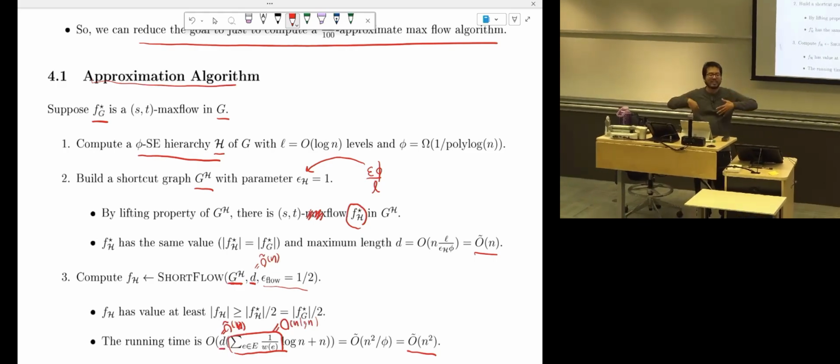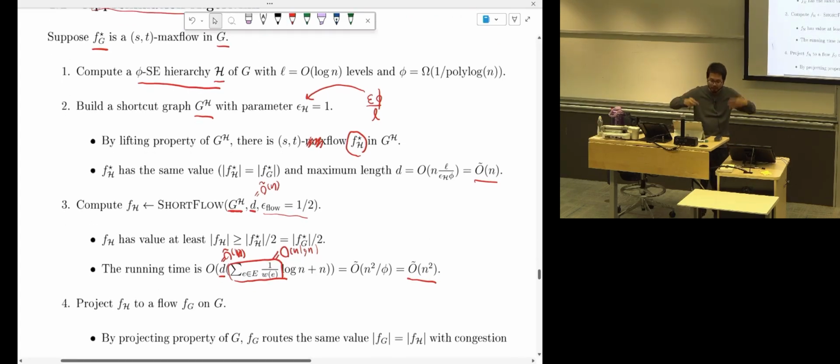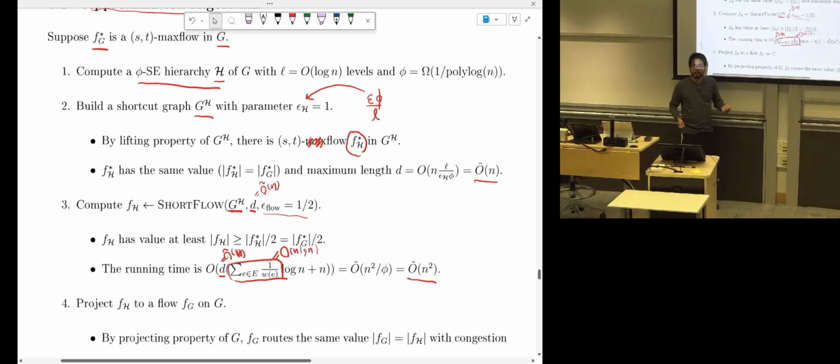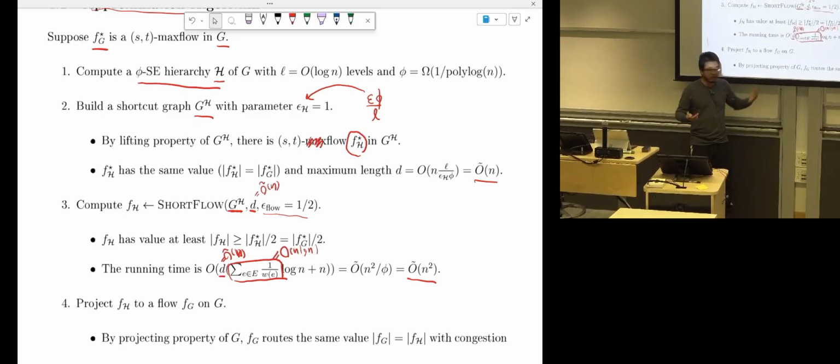Now this is the flow in the shortcut graph. We know that we can project this flow back to the original graph. By the projection property of our shortcut graph, we know that when we project it down, the congestion doesn't increase too much.